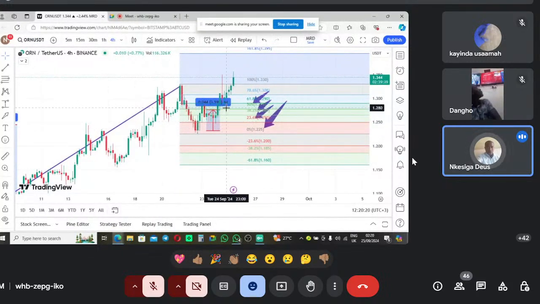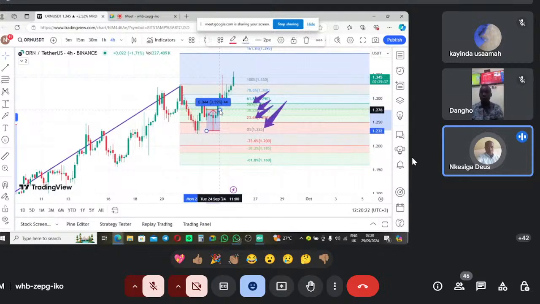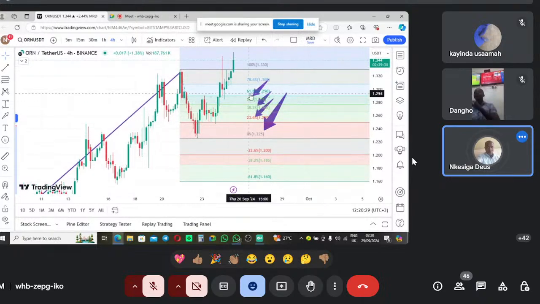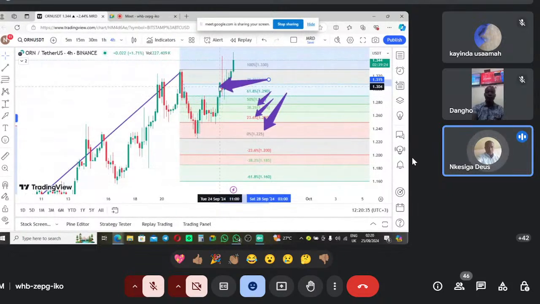And ladies and gentlemen, another thing we need to understand from here: let us assume the market moved from 0 and closes above 61. Like you can see here, the market closes above 61. Therefore, it was an indication that the market is no longer interested in a downtrend. We are looking at the uptrend movement right away.